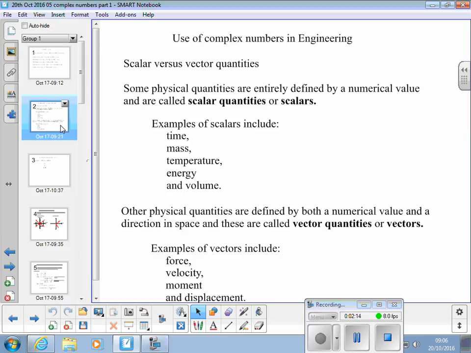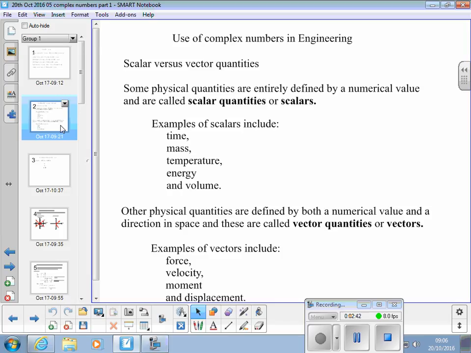Typical examples: time, mass, temperature, energy, and volume. They can be easily described just by a number. However, other physical quantities are defined by both a numerical value and a direction in space. So to fully define them, you need to define their direction as well.